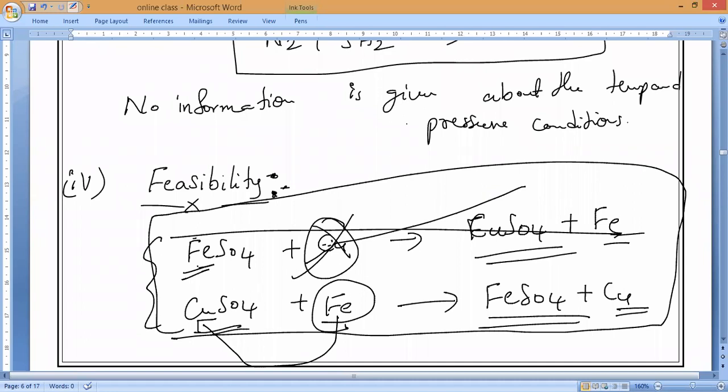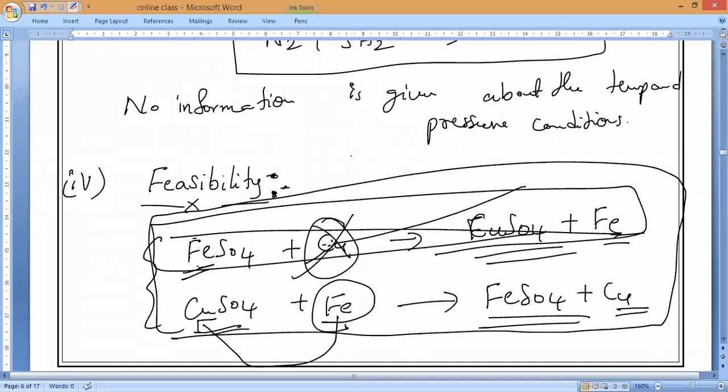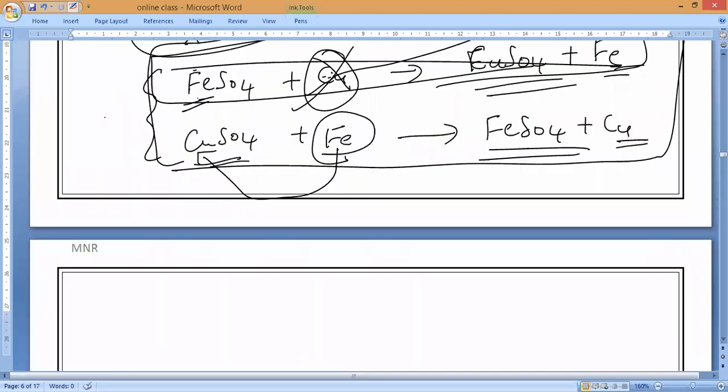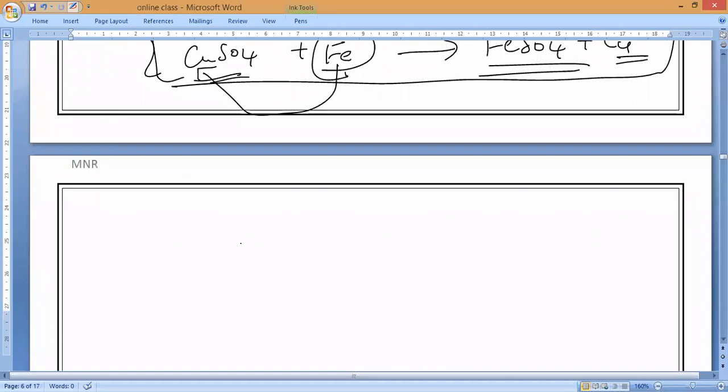So 90% of people will say this equation is also correct. Why? Because they don't know whether the reaction takes place or not. That is what we call feasibility.